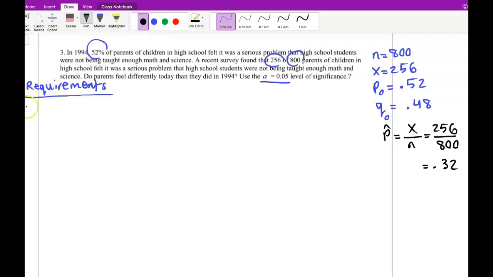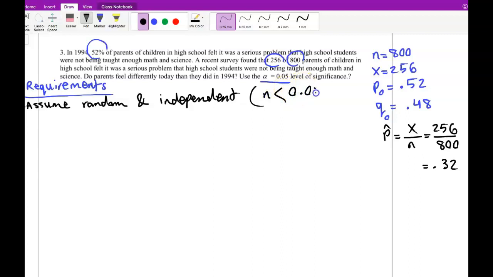Here again, we're assuming that this is random and independent. Assume that our sample was random and independent, but that means n is less than 5% of the population.